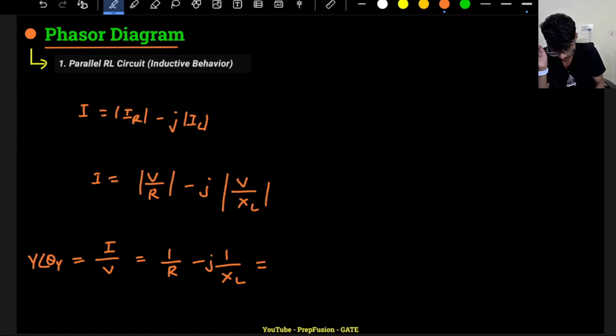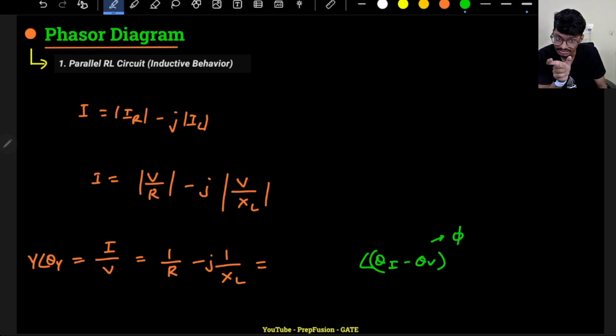Why? Because it is basically the division of current and voltage, right? If it is a division of the current and voltage, that means the angle will be in subtraction, so it will be theta I minus theta V. Now, have we seen this before? Theta I minus theta V, yes, it is the power factor angle phi. So the admittance angle and the power factor angle are the same.